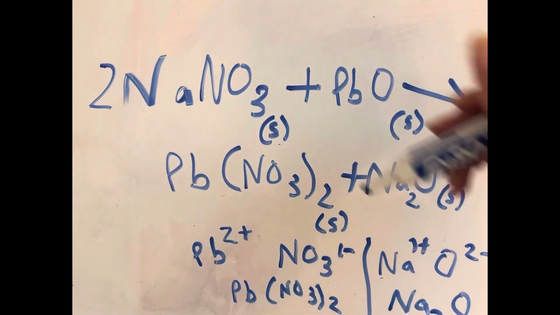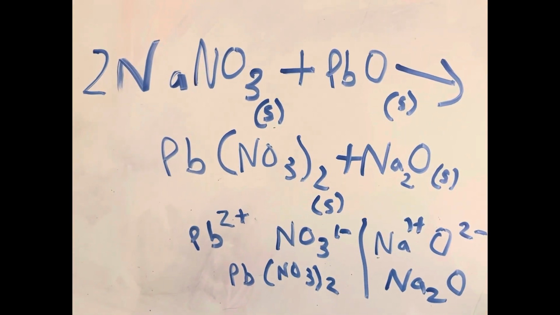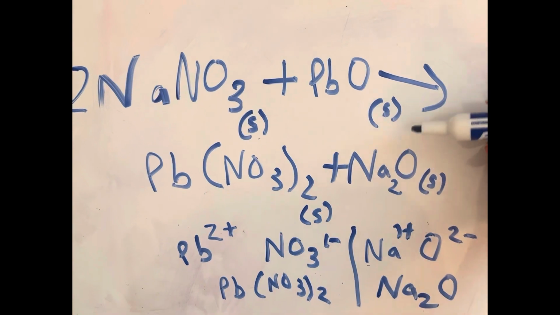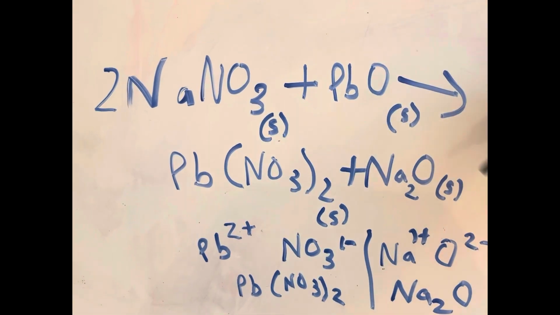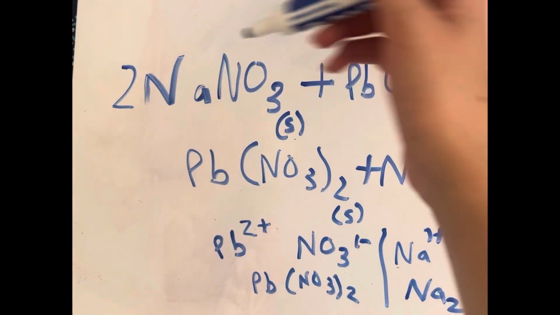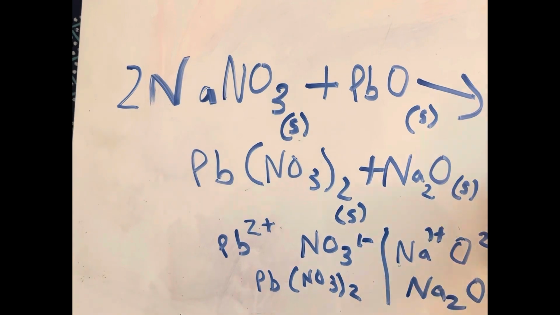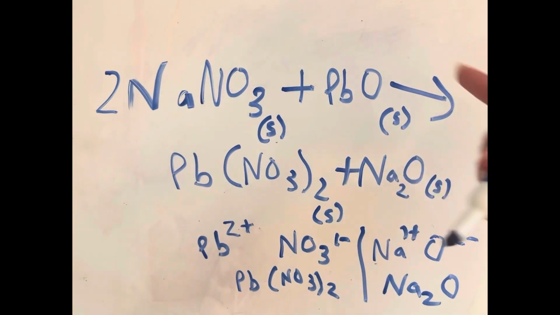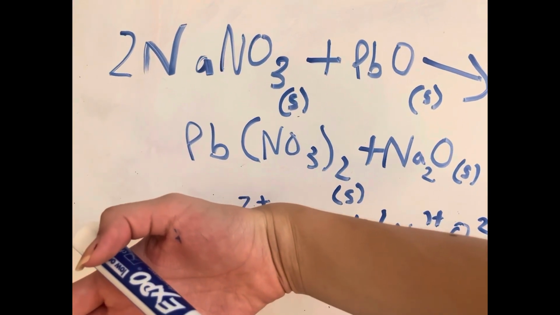While here we just have to do this oxygen with subscript 3 times the subscript 2, which would be 6 moles of oxygen, plus 1 mole of oxygen right here, which would be 7 moles of oxygen. So that's equal. Here we have 2 moles of Na, so 2 moles of sodium. Here we have 2 moles of sodium. And on the reactant side, we have 1 mole of Pb lead, and here we also have 1 mole of Pb lead. So this part is the balanced chemical reaction.